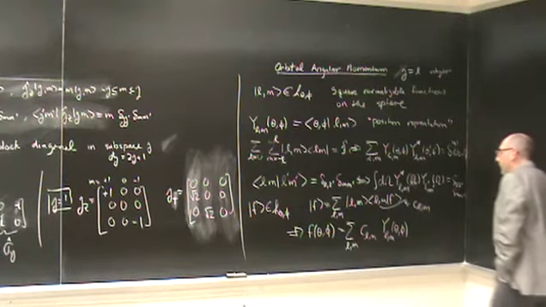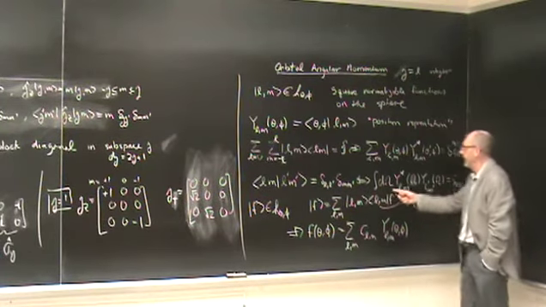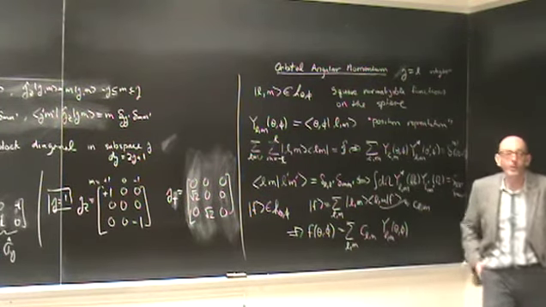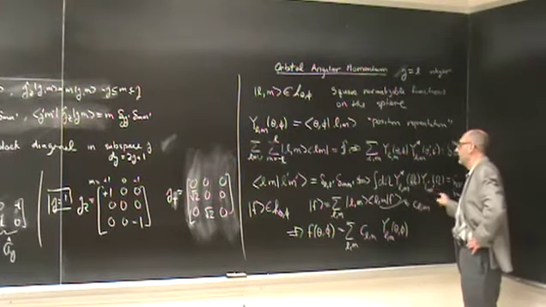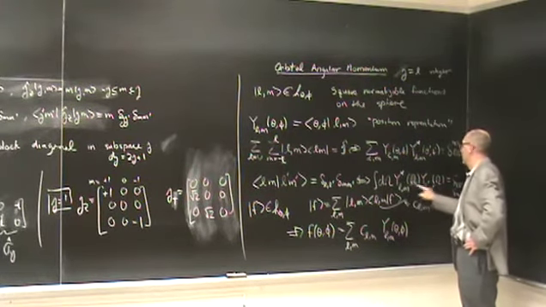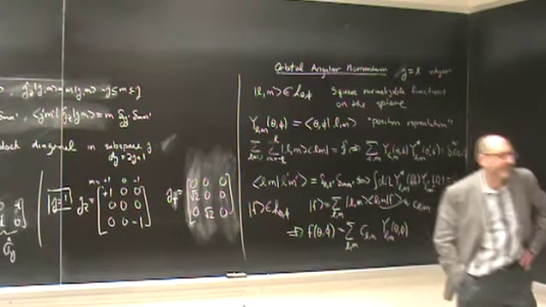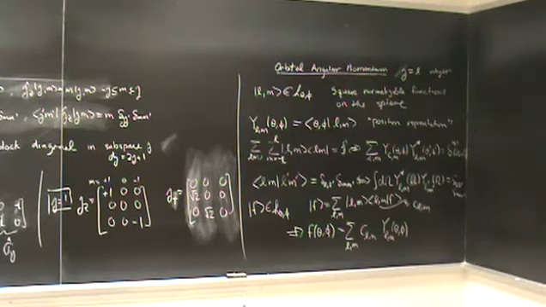They are orthonormal, meaning that when you integrate two of them relative to one another, conjugating one on the sphere, that inner product is 0 unless L equals L prime and M equals M prime, right?